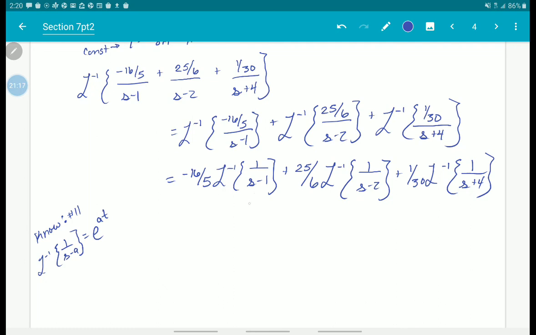So in that first case, our a is going to be 1. In the second term, a is going to be 2. In the third one, we're going to have to rewrite this, so we really need to think about this as s minus negative 4. And that tells us a is going to be negative 4. Remember, it's the number after the minus sign. So let's write our final answer.